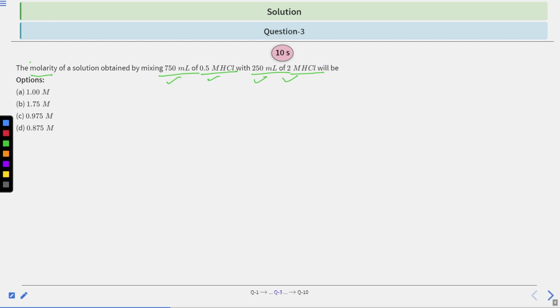We have to find the molarity of the final mixture, right? Options are 1 molar, 1.75 molar, 0.975 molar, 0.875 molar. So you have 10 seconds to solve this question. After that, we will see the answer.